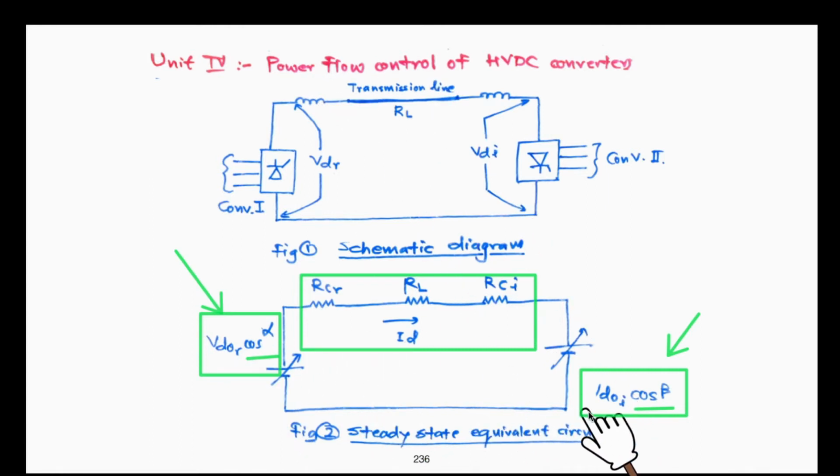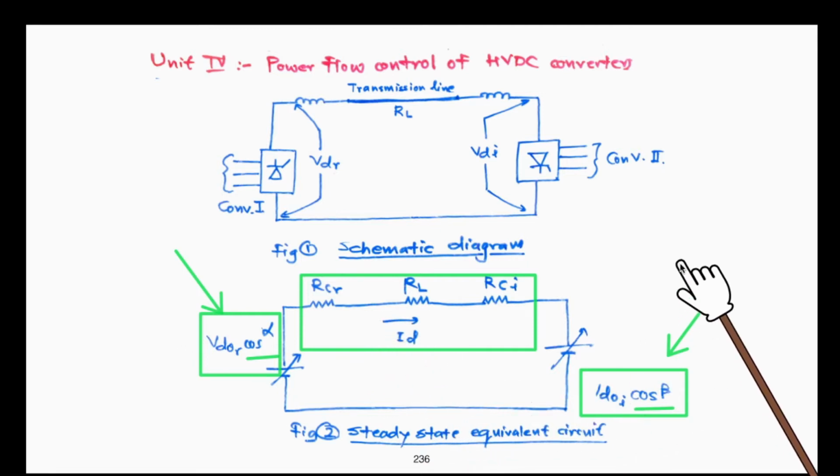By adjusting these values, we'll be able to adjust the value of DC current, and ultimately we are adjusting the voltages, and so also we are adjusting the DC current. And power flow across this circuit is simply voltage V1 minus voltage V2 divided by the sum of resistances. That will give us the value of current, isn't it?